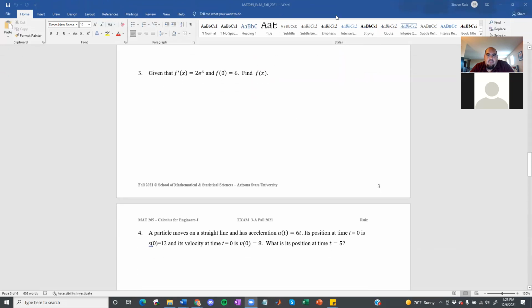And then given that f prime of x is equal to 2e to the x and f of 0 is 6, find f of x.